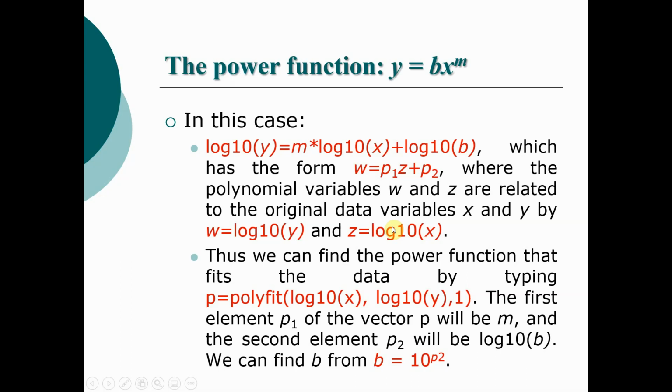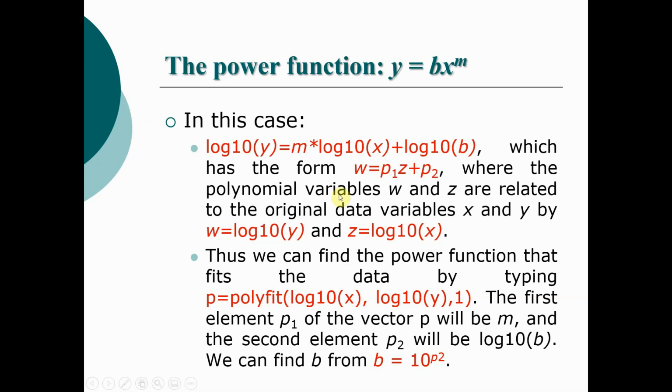Okay, so what you have to do, if you have a function like this and you want to find the best b and m that fit your data, we take log of both sides, right? Remember that in MATLAB, if you just write log, it would be natural log.